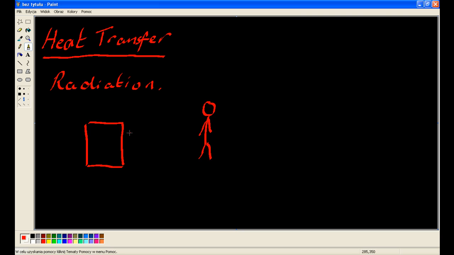And the heat actually is traveling as radio waves. Actually, it's traveling as electromagnetic radiation, yeah? And that's how the heat gets from the cooker A to you B.